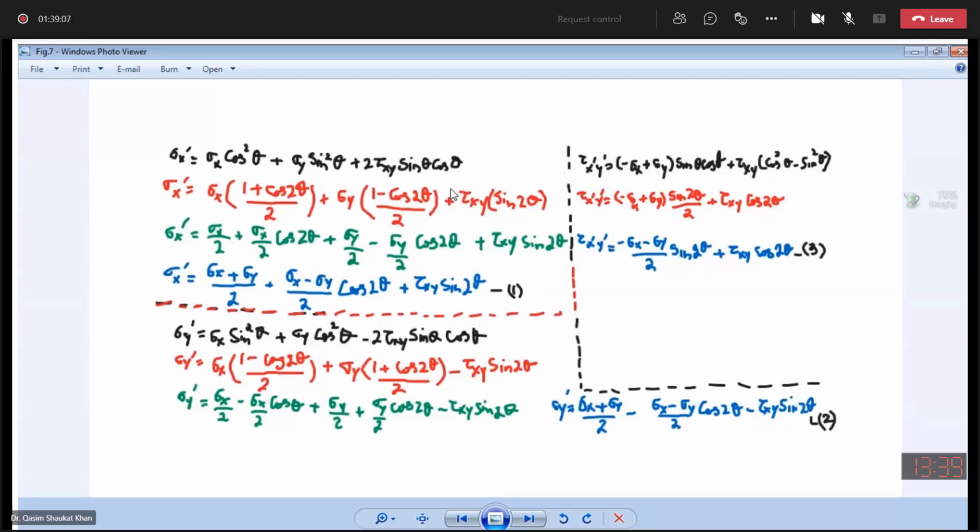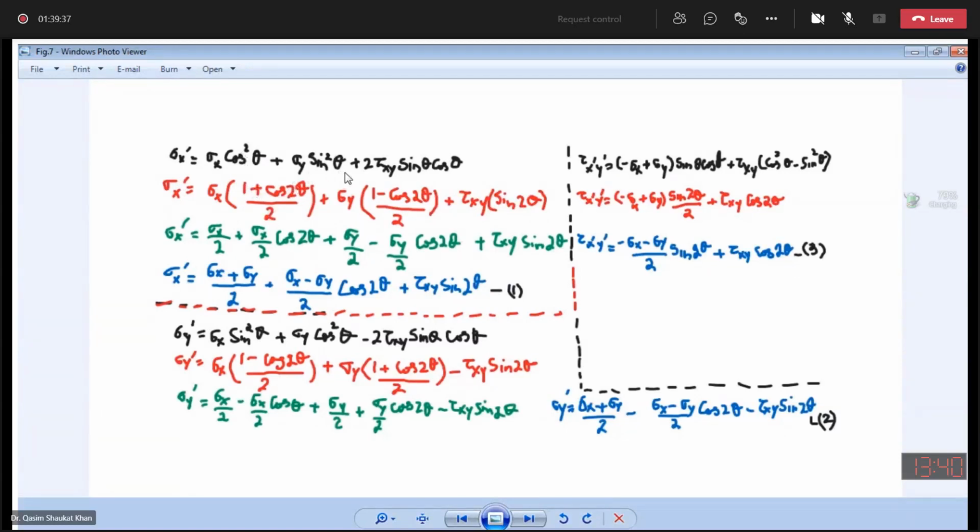Now we want to further simplify these expressions to get our final expression. So now we are going to place the identities in the equation. There are a few identities. One is cos square theta is 1 plus cos 2 theta over 2.